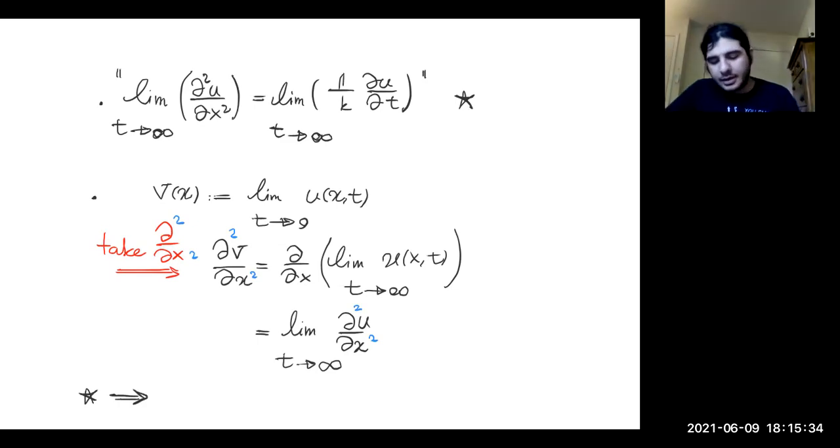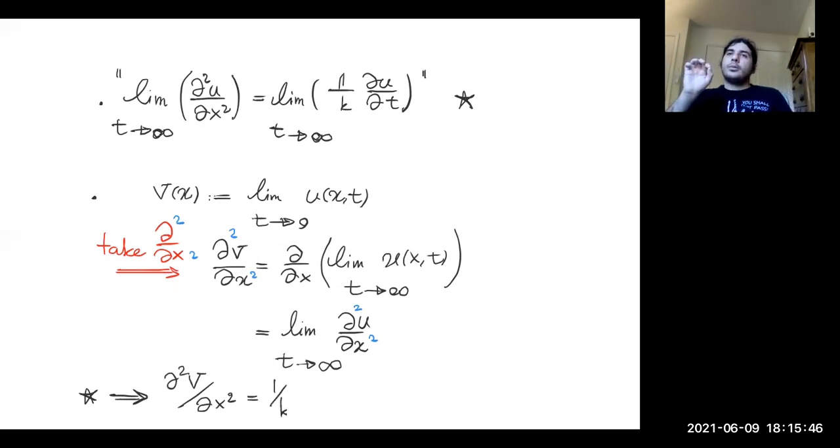We can take the limit, and on the left-hand side, we would have the second derivative of v with respect to x, which is equal to, well, 1 over k is a constant, that doesn't matter. But what is the limit of the derivative of u with respect to t? We assume that it is converging to 0. So it would be 1 over k times 0, which is 0.